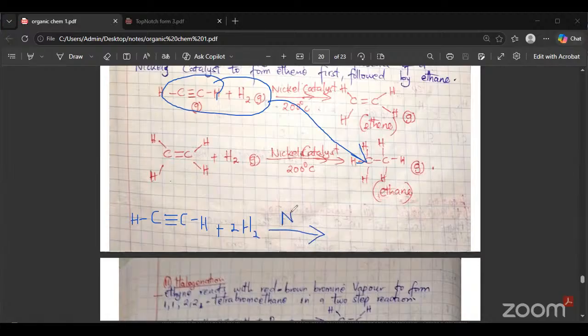So we have the nickel. Let me just write in short, catalyst. Yeah, catalyst. And then of course you maintain the temperature. I hope this one is clear. And then now, so I jump directly to this one now. That means I remove all of them, and then now I'll come back to this one.